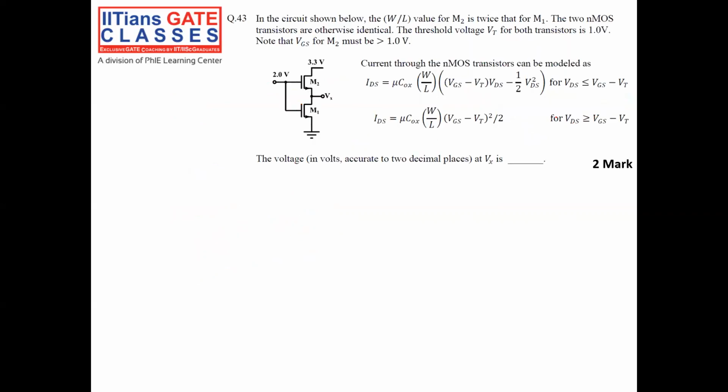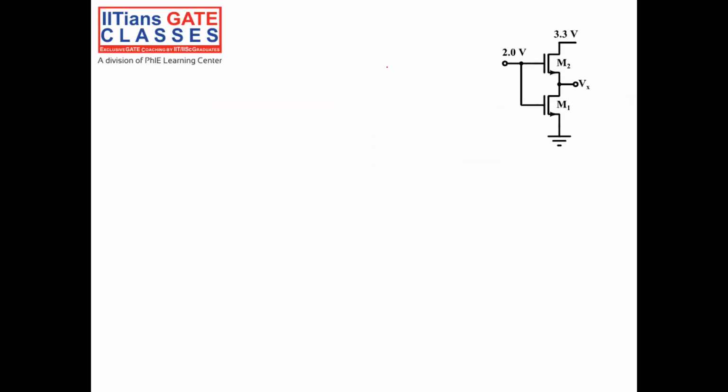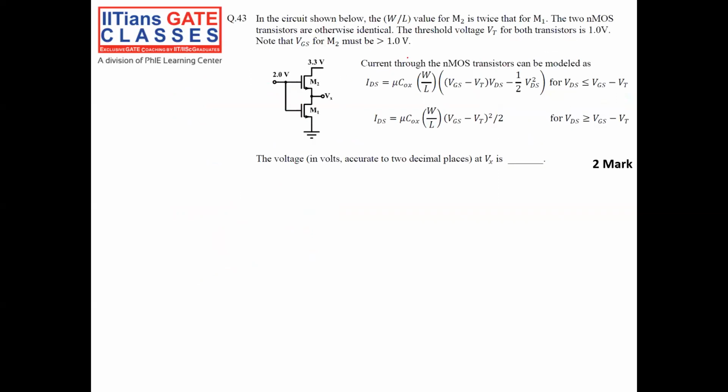So then in this question, in the circuit shown below, the W by L of M2 is twice that of M1. W by L of M2 is equal to 2 times the W by L of M1, right?